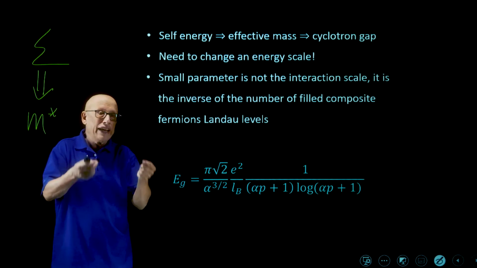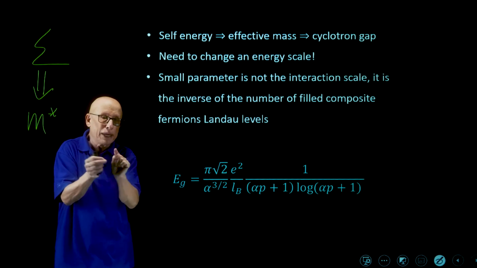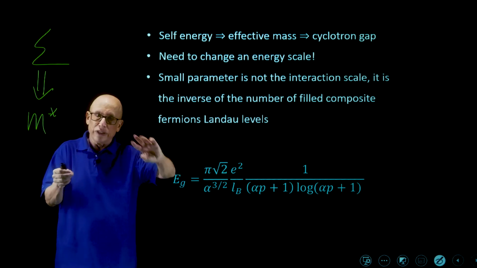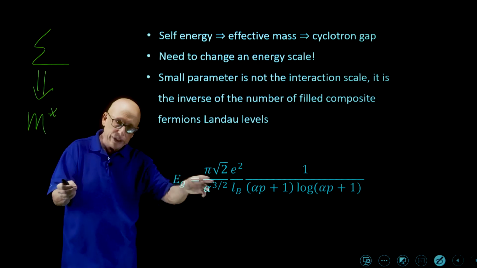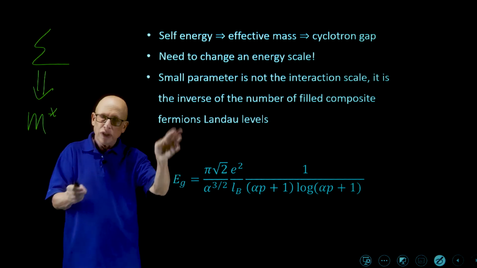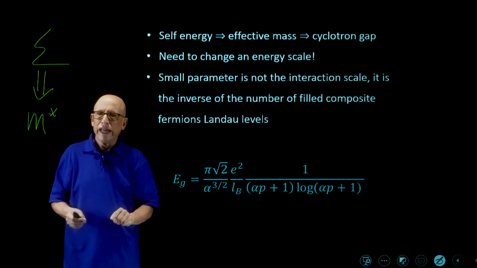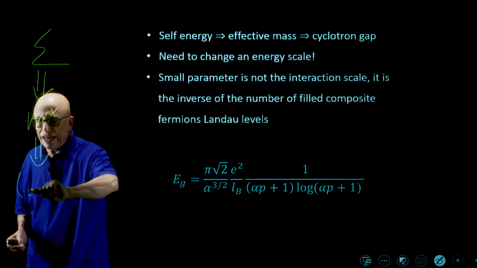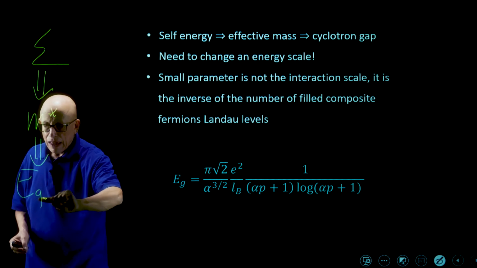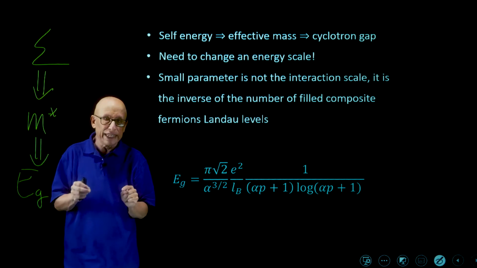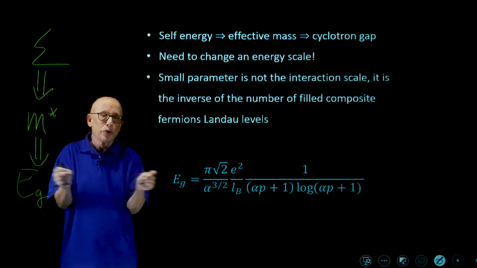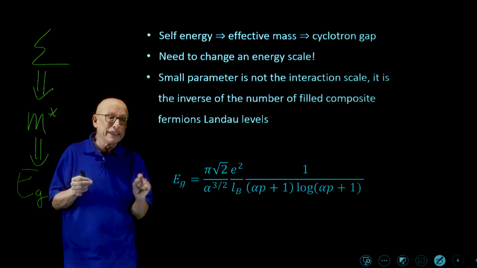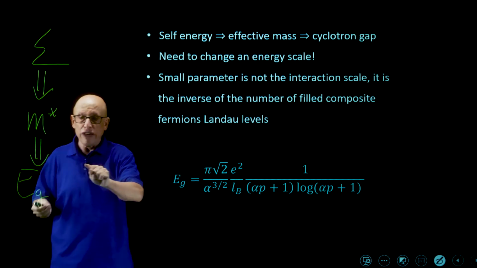We could then turn on a little bit of delta B, a little bit of magnetic field, putting the temperature to 0 as we are doing here, and then we can ask what would be the energy gap for fractional quantum Hall states which are very close to nu equals 1/2. Fractional quantum Hall states for a very large value of p.